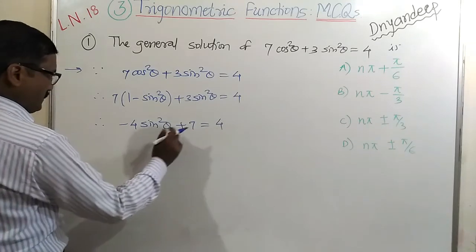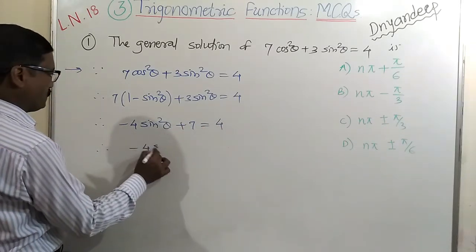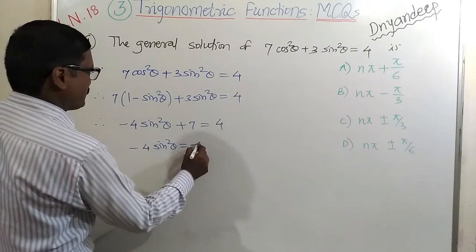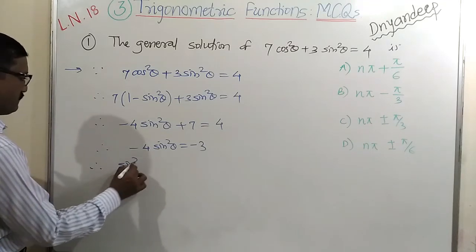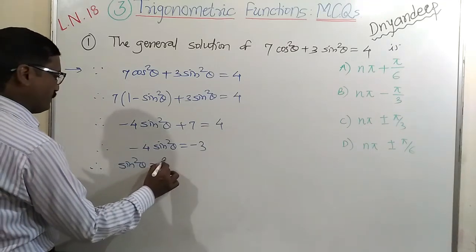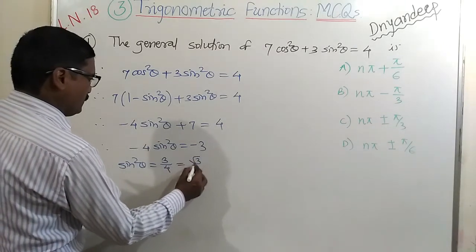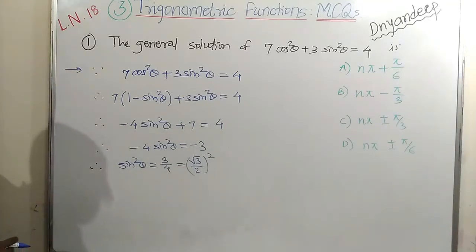So, taking this 7 to the right, therefore minus of 4 sin square theta is equal to minus 3. Cancelling negative sign, we get sin square theta is equal to 3 by 4, and it will be root 3 upon 2 bracket square. Is it okay?